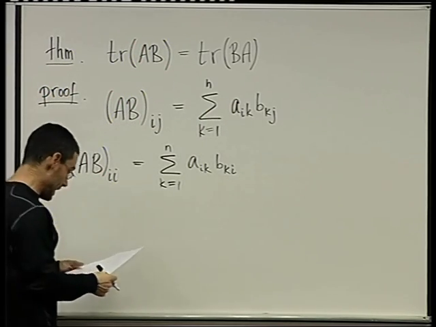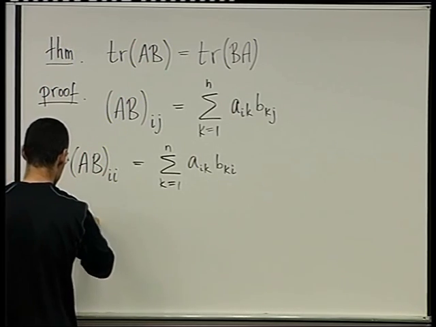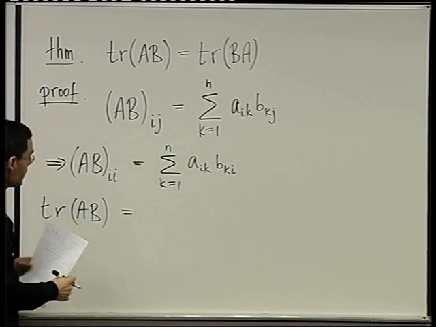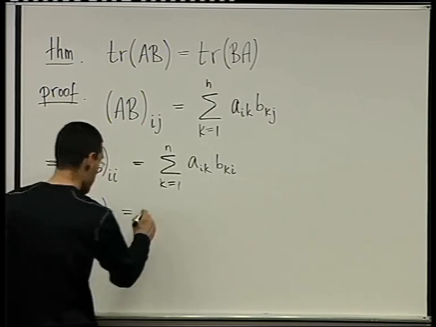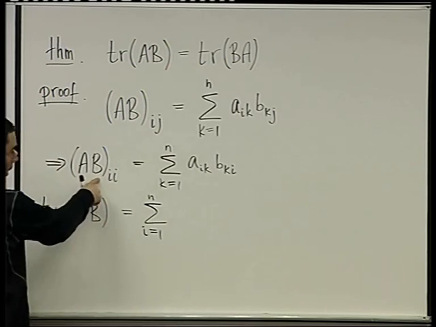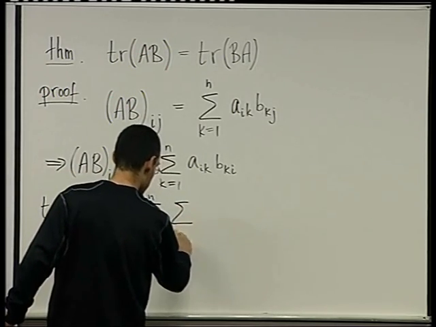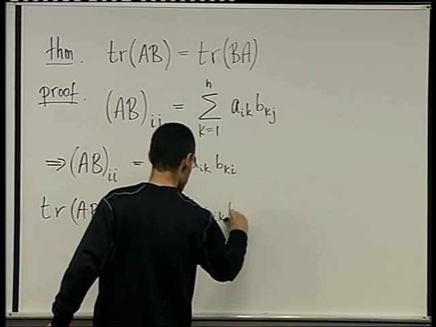So that's the iith element. Now let's calculate the trace of AB. The trace of AB is the sum of these, so we sum over i from 1 to n, and there's another sum, k from 1 to n, of a_ik b_ki.